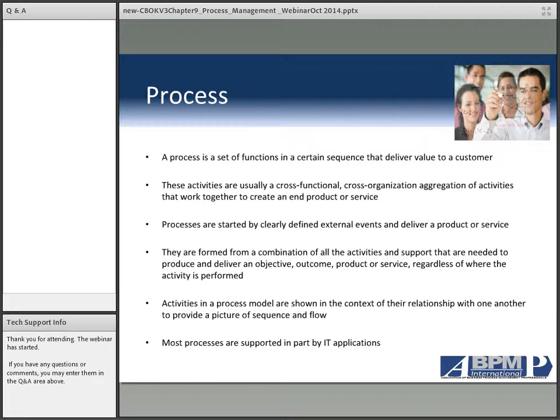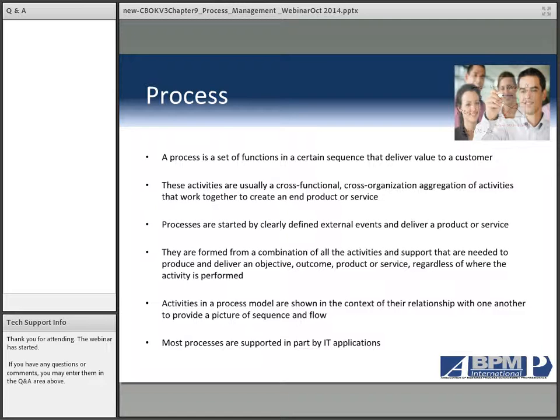And one of the issues that we always have when we talk about process deals with the definition of what a process is. And at ABPMP, we look at process as being a cross-functional aggregation of work that delivers a product or a service.